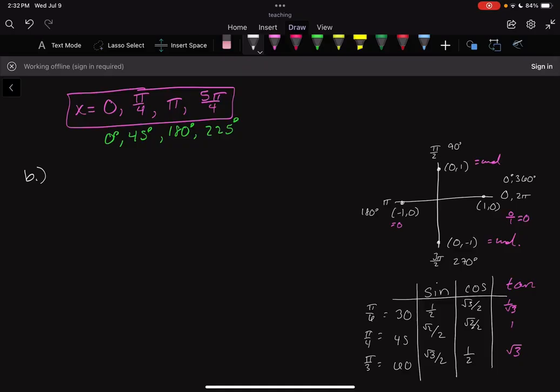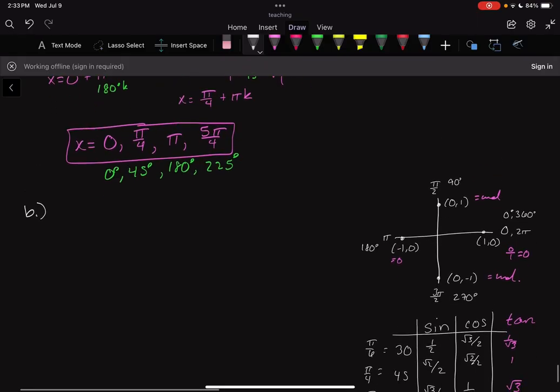So this one I'm going to do sine or cosine. Let's do sine. It really does not matter. This one I'll do sine. 2 sine squared x equals 3 sine x minus 1.